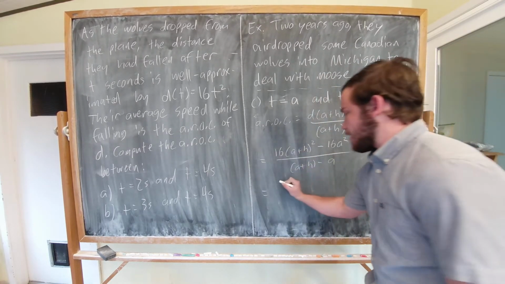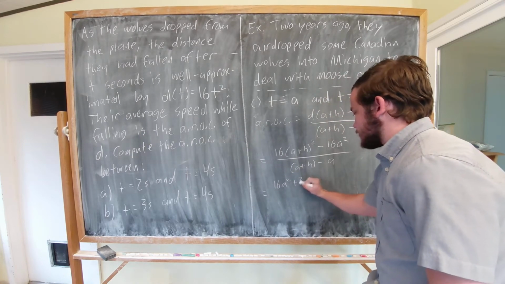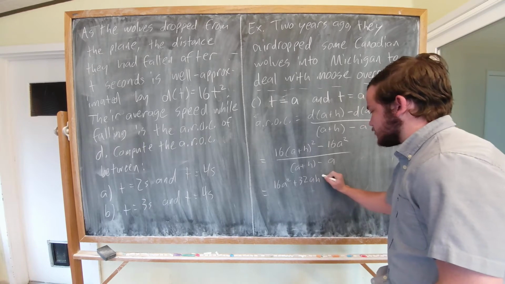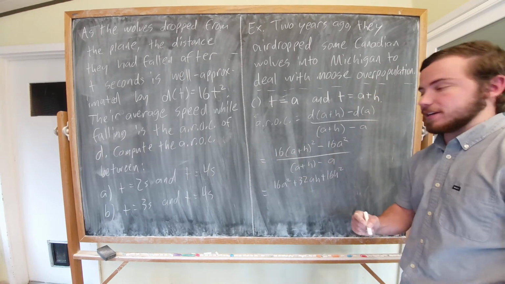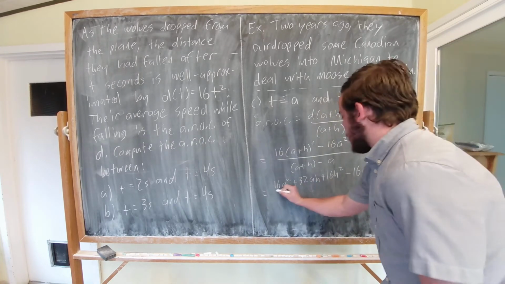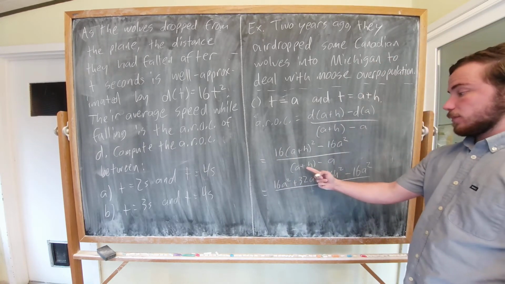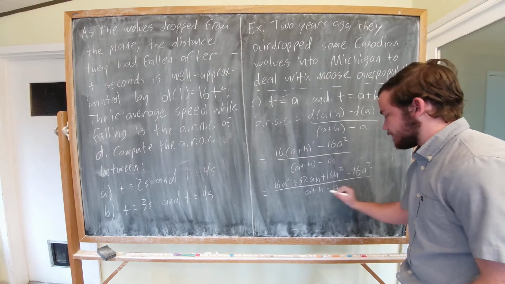Expanding (a plus h) squared out, this gives you 16a squared plus 32a times h plus 16h squared. I also distributed the 16 in there. Minus 16a squared, all over a plus h minus a.